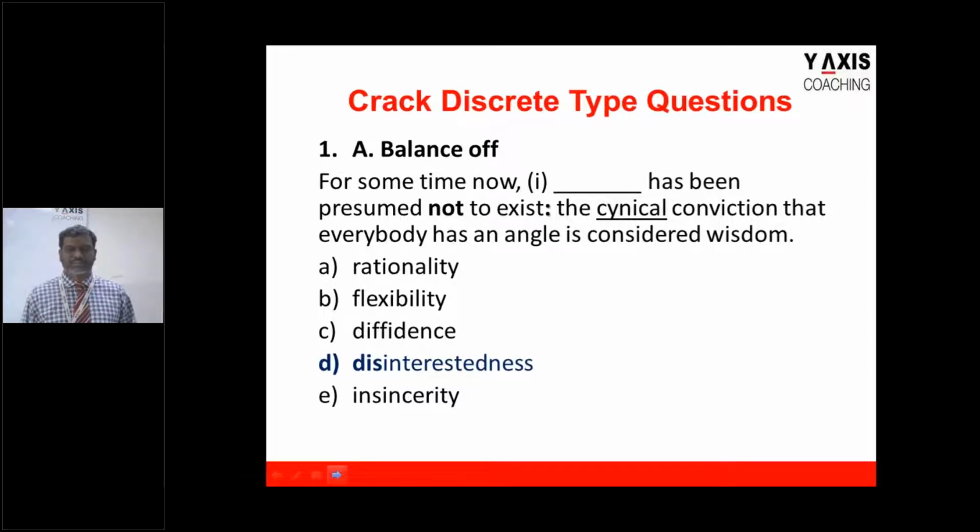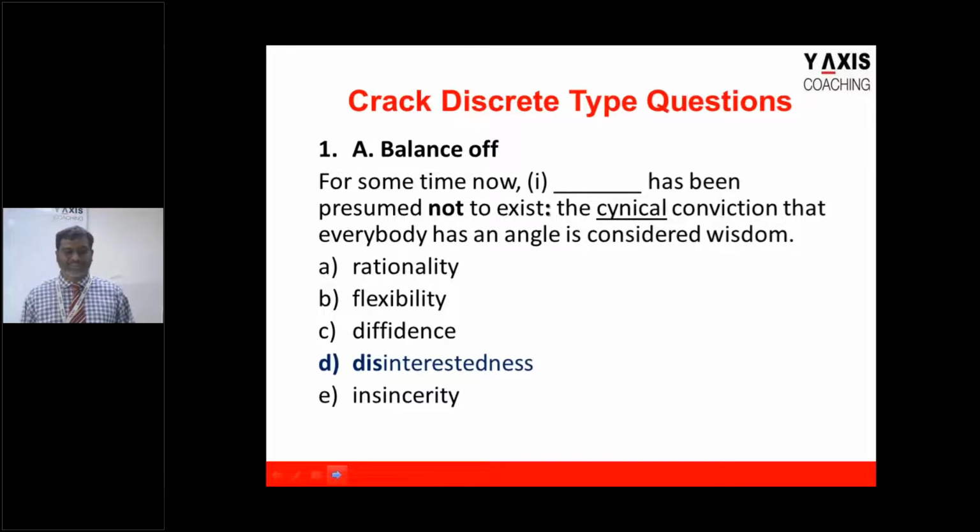And here, this is also a balance question, but since it has a colon, I just want to present you this one as well. The key word for the entire prompt is cynical. The sentence is about everyone having an interest, and that is okay, that is normal, that is considered wisdom. So self-interest is the key area, and except disinterestedness, nothing can go with being a cynic.